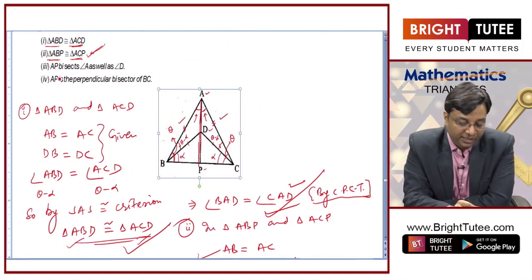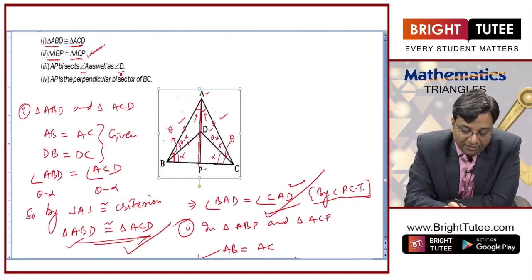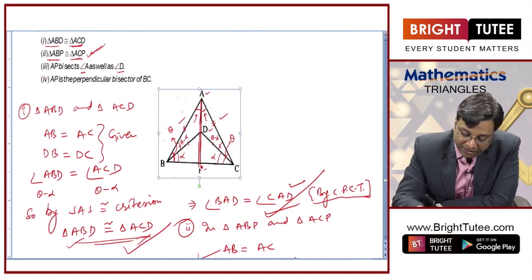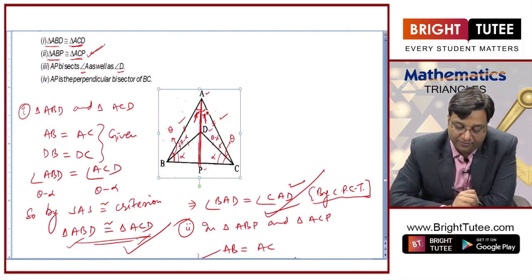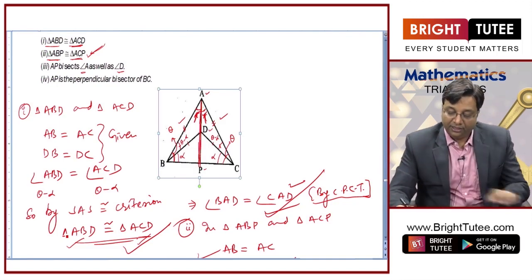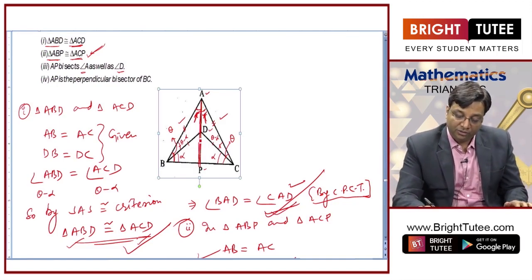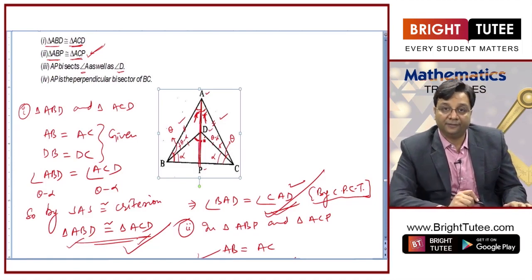Now look at the third part. AP bisects angle A as well as angle D. Now, AP bisects angle A, which we have already shown, right, because this angle is equal to this angle here. Now we need to show that this angle is equal to this angle here.